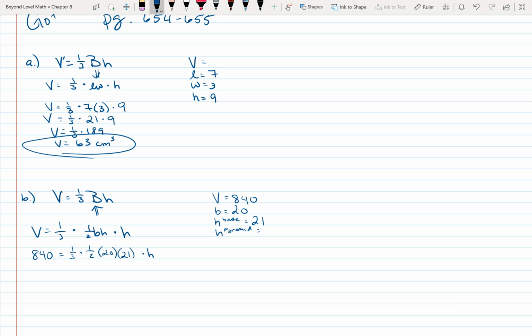So 1/2 times 20 is 10. 10 times 21 is 210. 210 times 1/3 is 70. 70 times H. Divide both sides by 70 in order to isolate that H, isolate that variable.